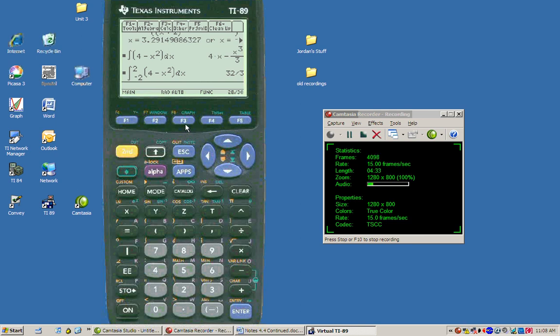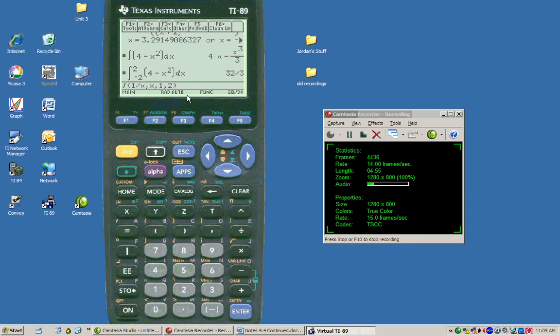Under what button? F3. If we're using the home screen, then we go to F3. Number 2 is integrate. We want to integrate 1 divided by x, comma x, comma 1, comma 2.